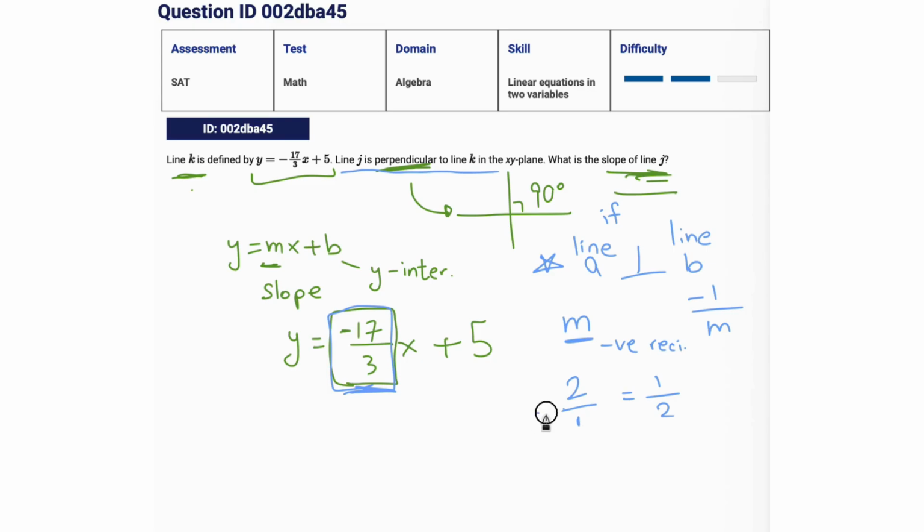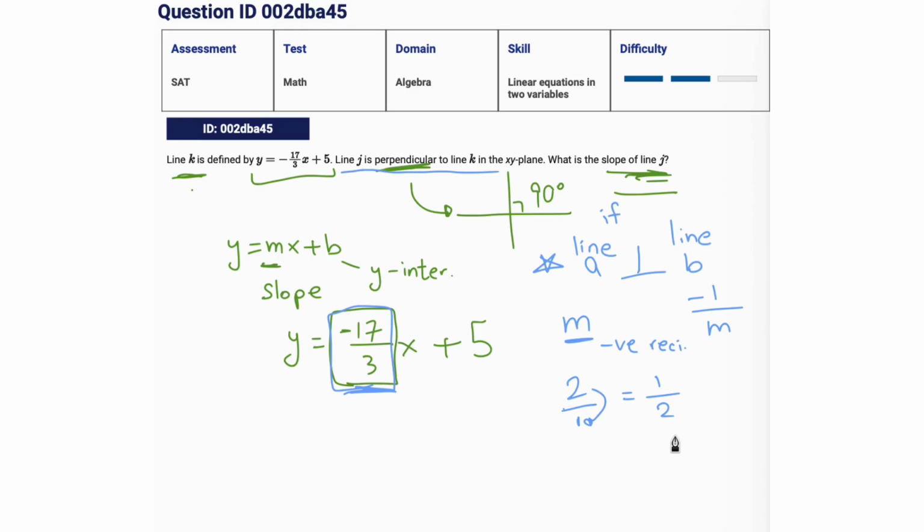So the reciprocal means we're switching the numerator with the denominator and the denominator with the numerator. Let me just say that again: we're exchanging the numerator with the denominator and the denominator with the numerator. And then we're also adding a negative sign. So that will be negative 1 over 2.